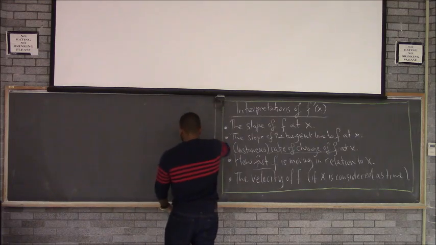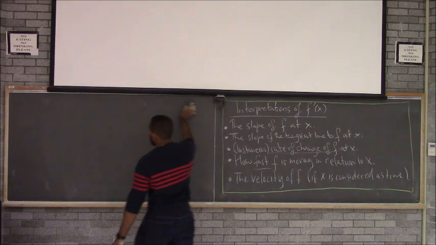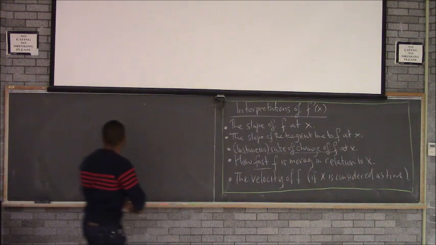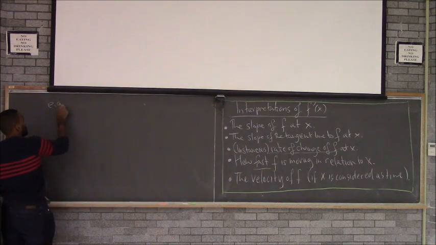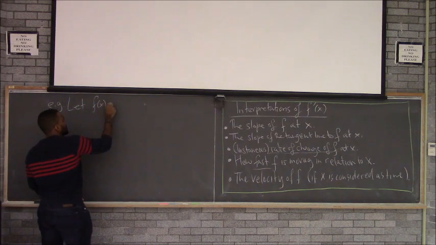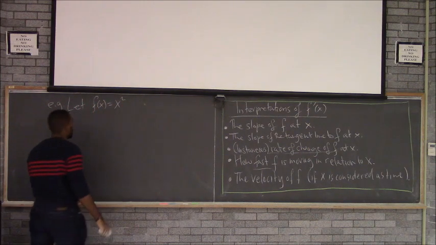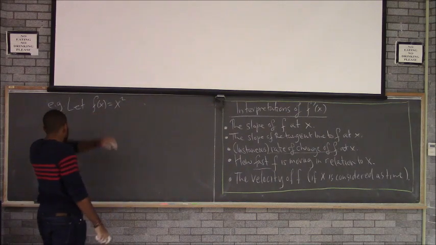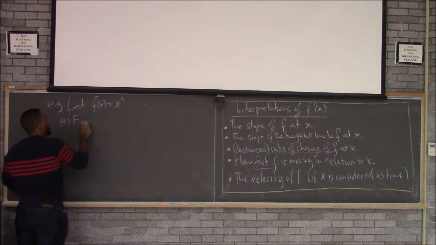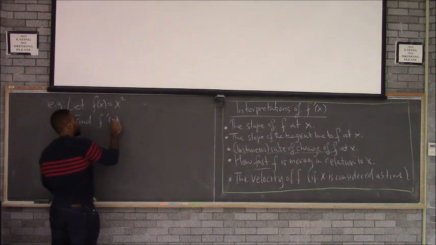Let's do a straightforward geometric example so we can see how this will actually work out. Example. Let f of x equals x squared. A. Find f prime of x.